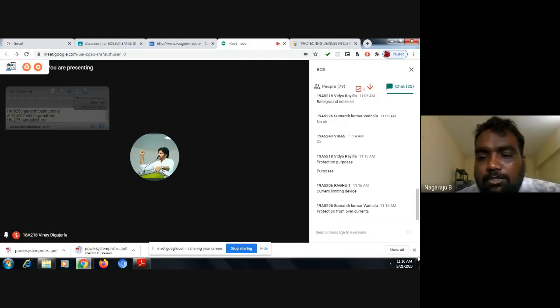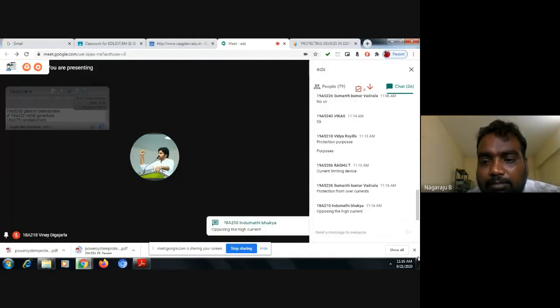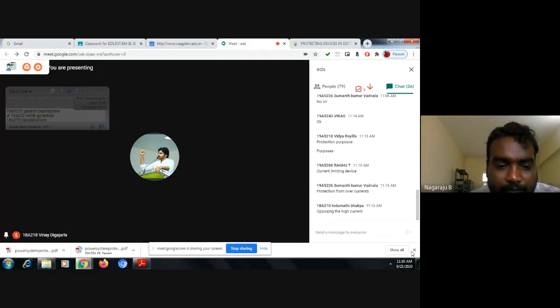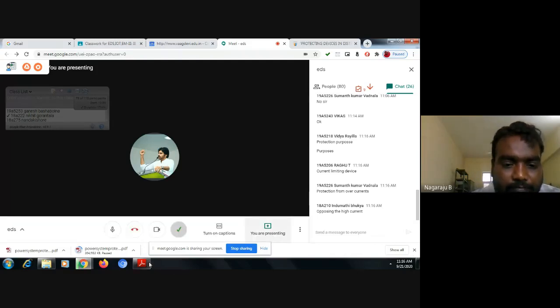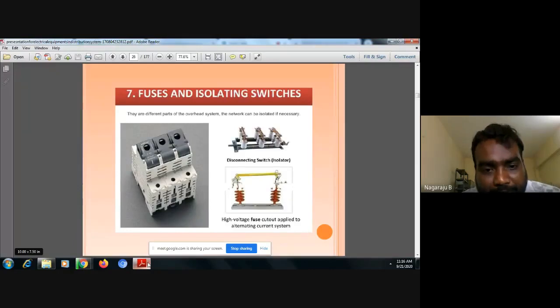So fuse is an overcurrent protecting device, as Suman provided, which opposes the high currents, as Indumati told. It is a protection device. It should protect the whole equipment when high currents are flowing.